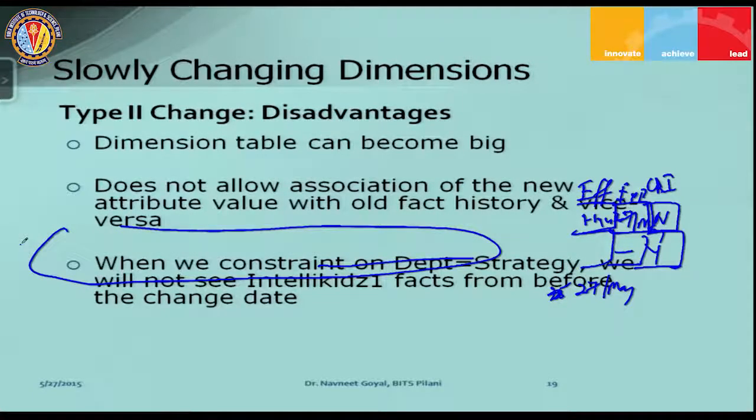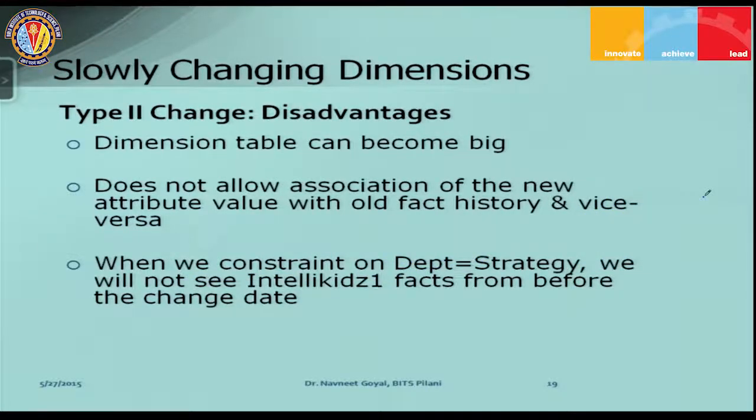Disadvantages: dimension tables can become big, because for every change in a particular attribute of a record you are adding a new record. So if there are lots of changes, then the size of the dimension table can become very big, and it does not allow association of the new attribute value with the old fact history and vice versa, right?